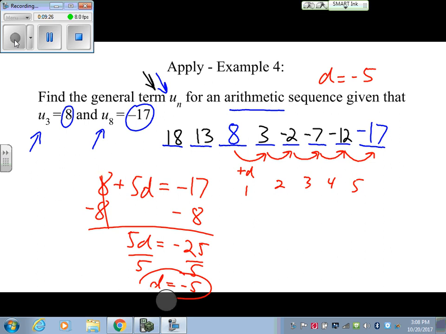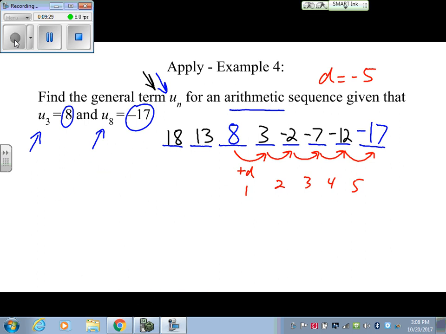So we still haven't actually answered the question, which was, what is my general term? To do that, I'm going to write down my formula from last class. u sub n is equal to u sub 1 plus n minus 1 all times the common difference, d. And all we need to know is u sub 1 and d. What does u sub 1 stand for? That is our first term, which we now know is 18.